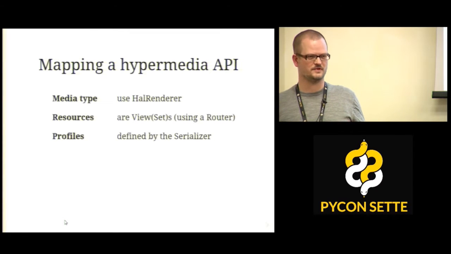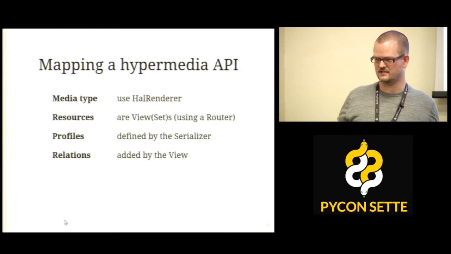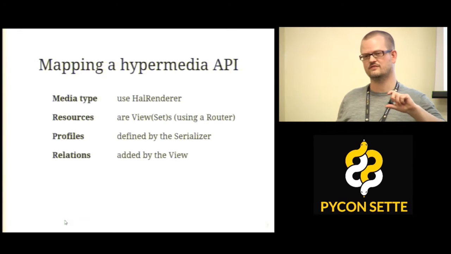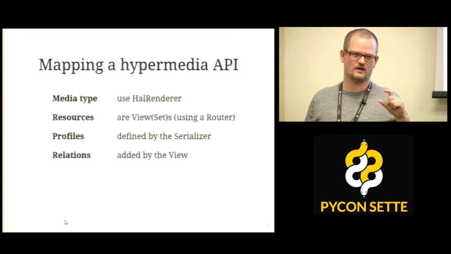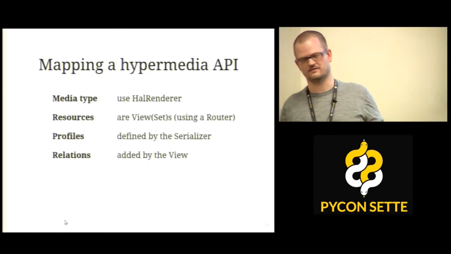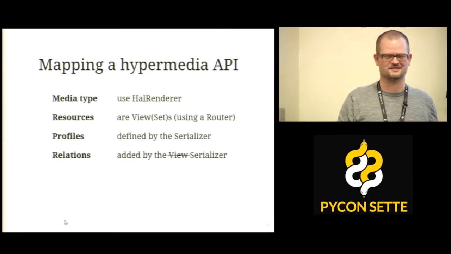So every ship gets its serializer, a company has a serializer. They define the structure. And then you add relations, and relations, of course, because they link from endpoint to endpoint, you would like to have those defined by the views. Only I've not been able to do that, unfortunately. So at the moment they are defined in the serializer, alas.